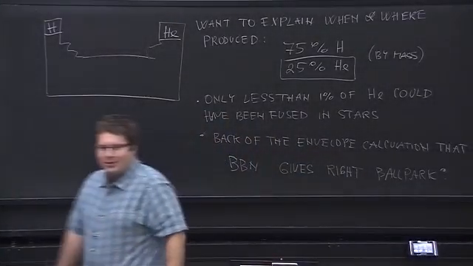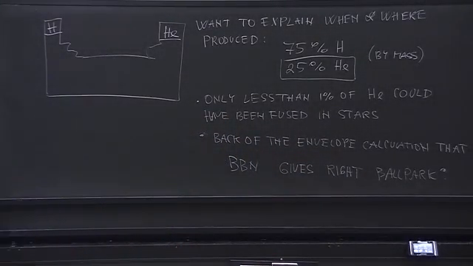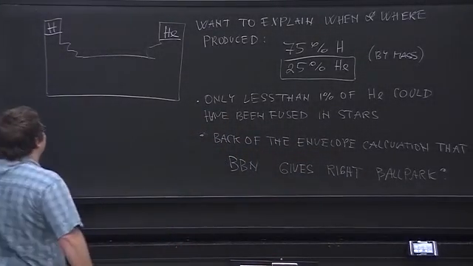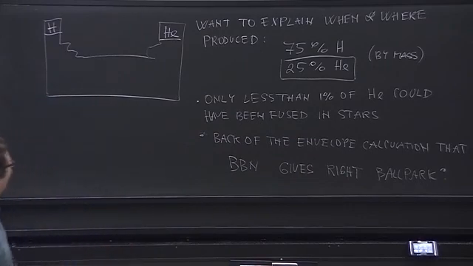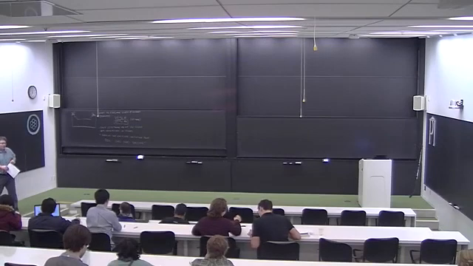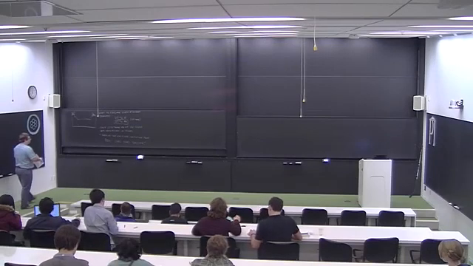the cosmology course. So last time, this is our periodic table of elements, approximately. And last time we were wondering when and where these elements could have been produced in our universe.